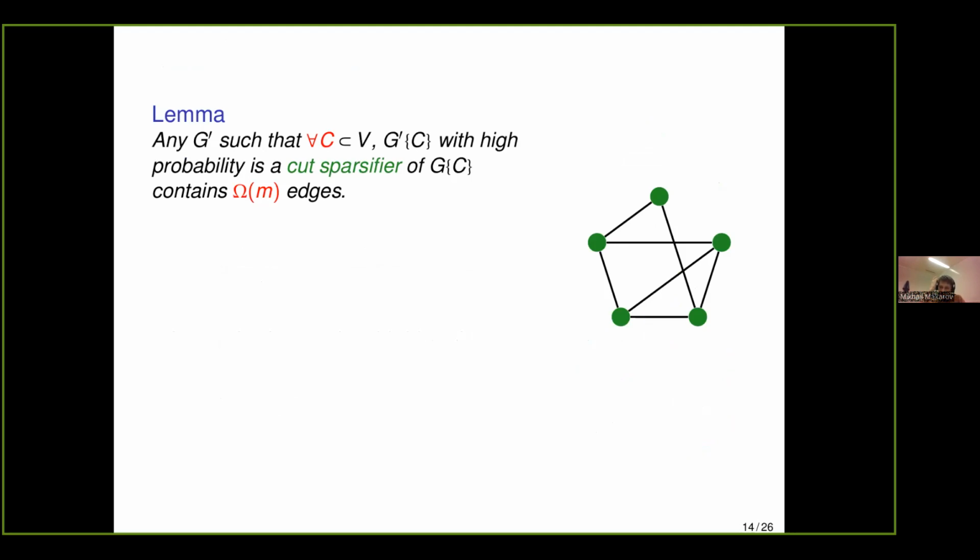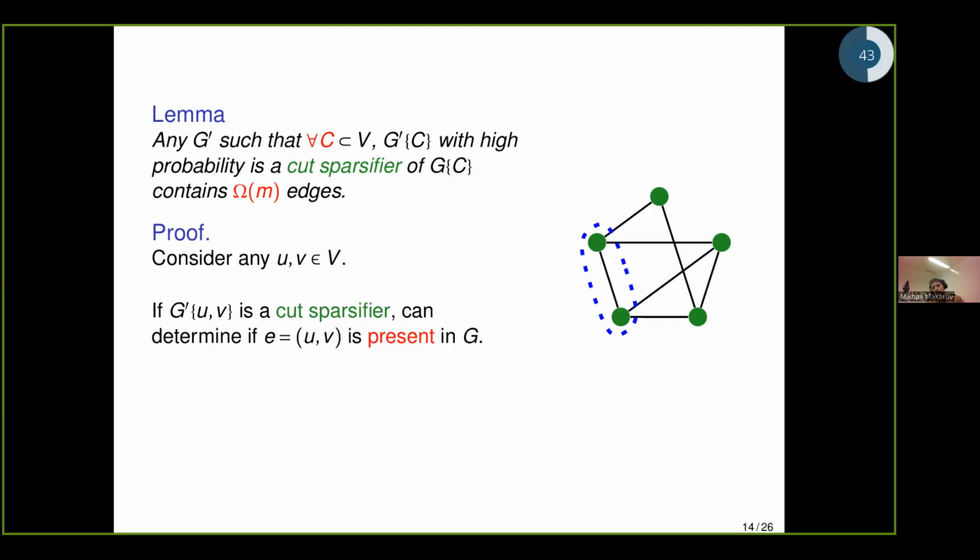And the reason is pretty simple. So consider any two vertices U and V in the graph. If you now restrict our G prime to those two vertices, then by checking the only non-trivial cut that separates U and V in the subgraph, we could determine if the original graph G had an edge E or not, right?